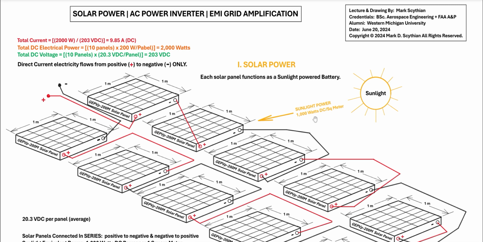So if we come up with a simple standard, how much equivalent power is 1 square meter of sunlight, the answer is 1,000 watts. However, we need to get that into electricity, or at least electrostatic potential, sort of like charging a battery.